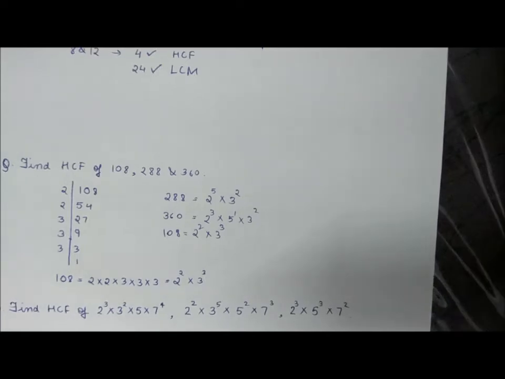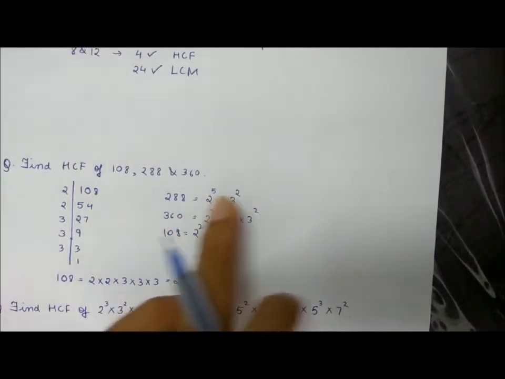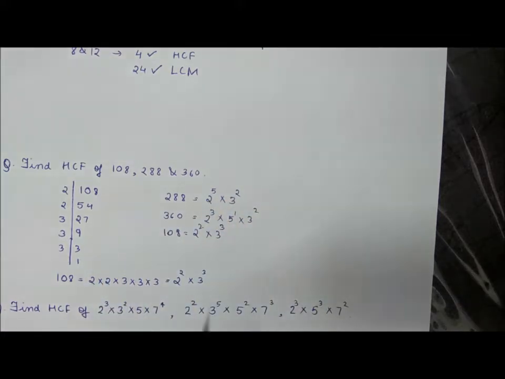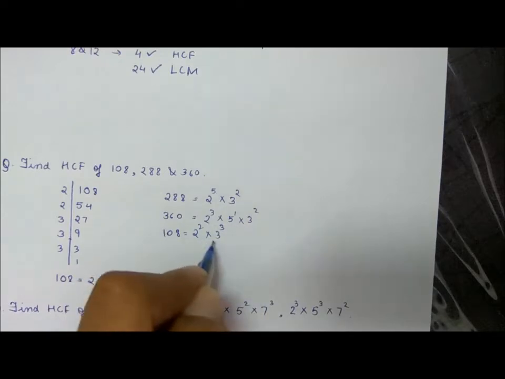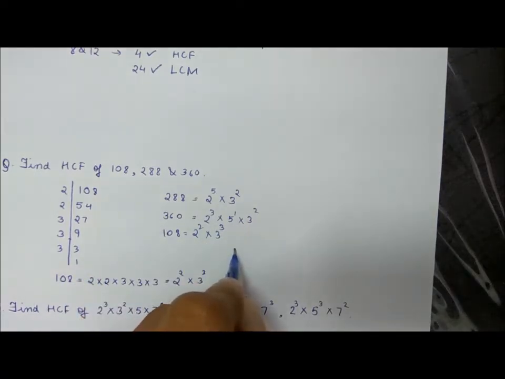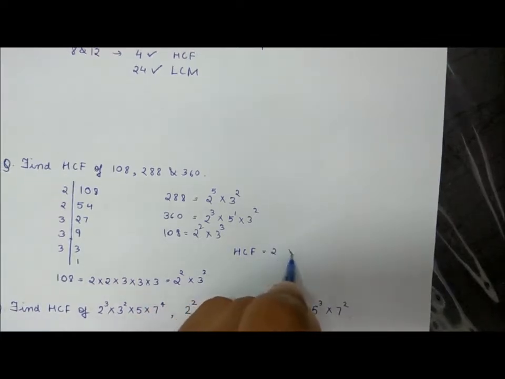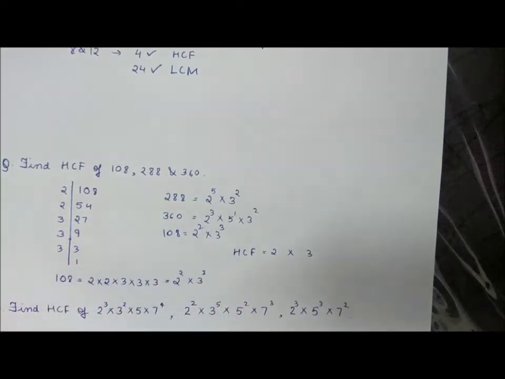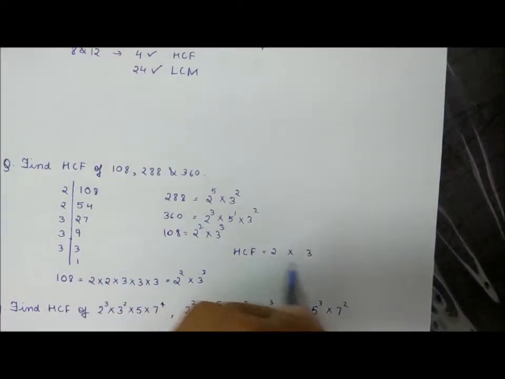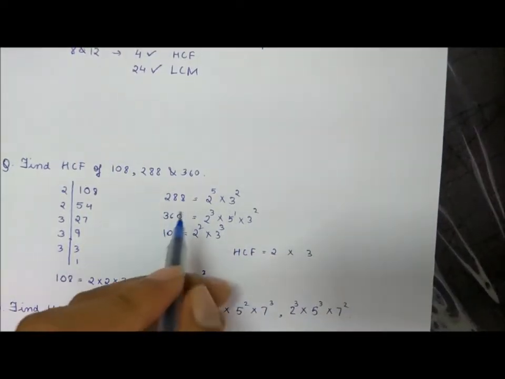Now for finding the HCF of any three numbers, we take the common factors in these three. For HCF the common factors would be 2 and 3. 5 is not coming in these two numbers, hence we are not considering 5. 2 and 3 are the common factors with the least powers.